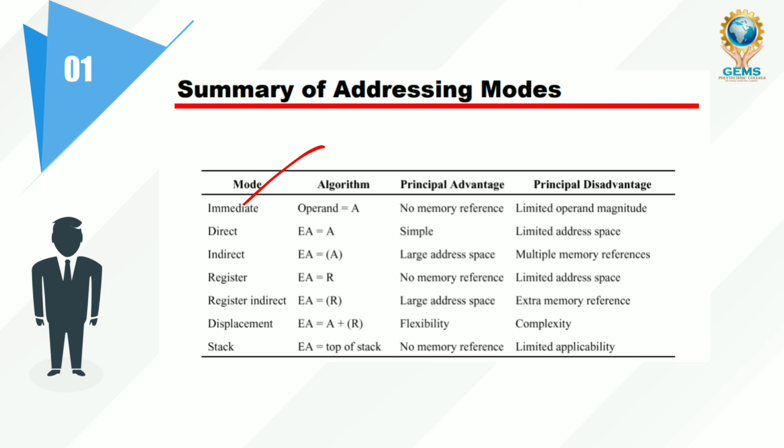So immediate, operand A. What is the principal advantage? No memory reference, because we are using it immediately; no need to go somewhere else to do our task. It is at hand, nearby us, we can use it, but no need to tell the address. For example, if your friend stands beside you and someone asks where that person is, you don't tell the address.